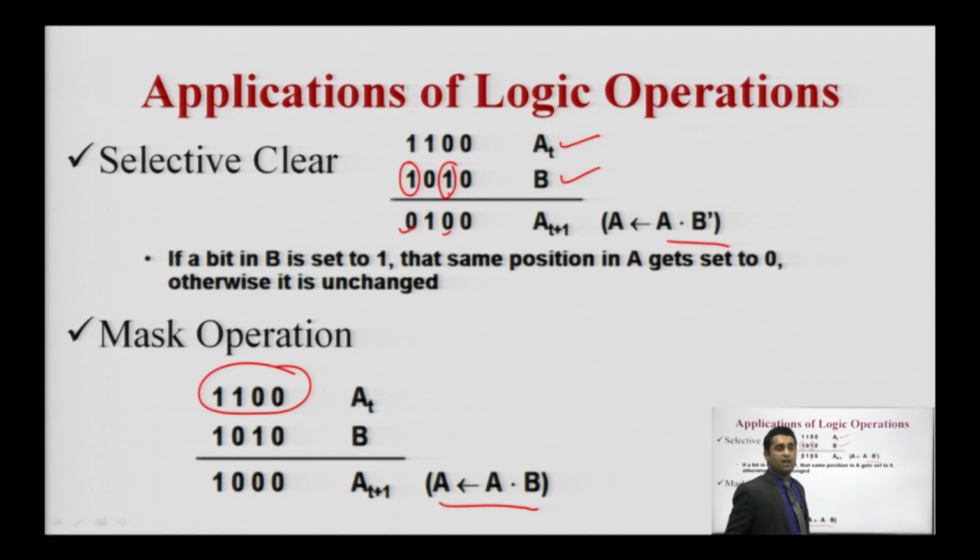The mask number I am providing here is 1010, and where the 1 is present, it will retain the input bit. In this case 2 1s are there, so this bit is going to be retained, this bit is going to be retained, and if 0 is there, when we perform the AND operation, this bit will get the 0. So these are the 2 operations which we are explaining here apart from the normal logic.